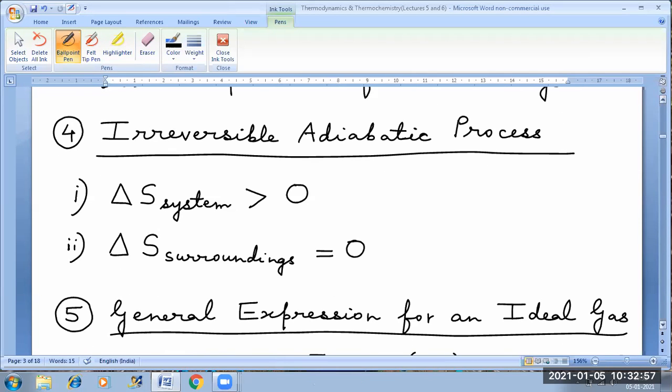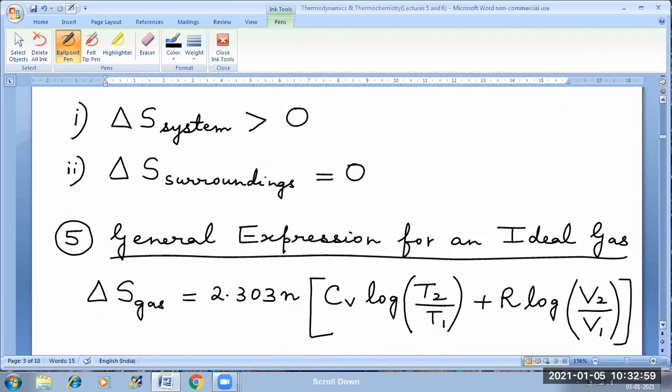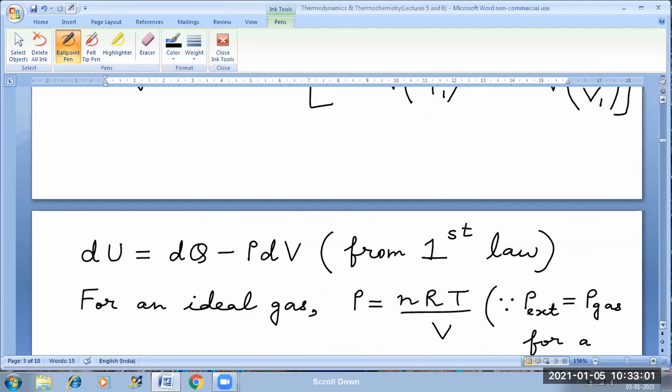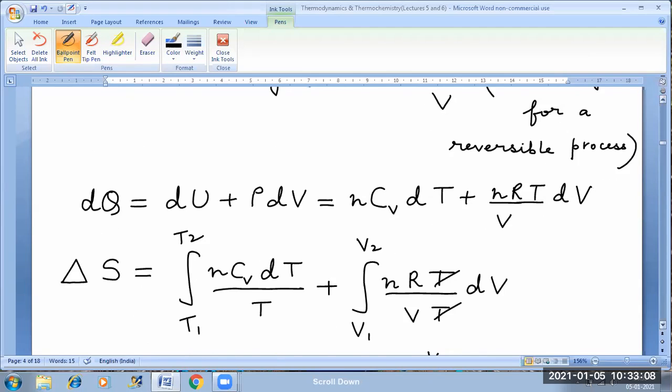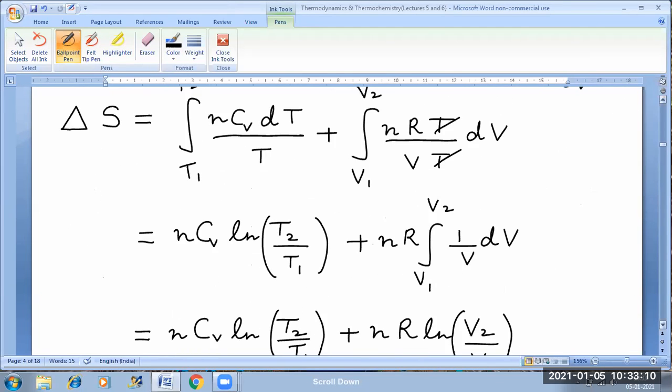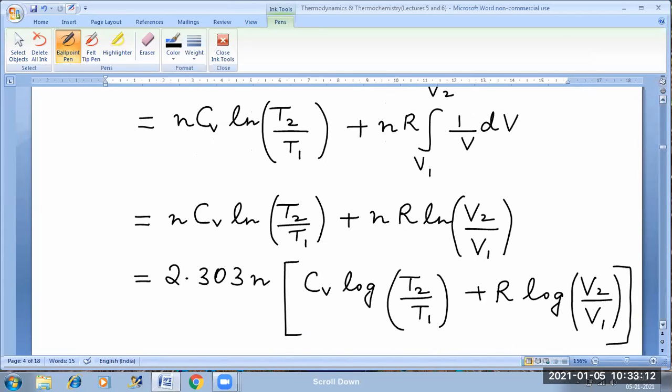And for a general expression of an ideal gas, this also we did today, the derivation, that is this one. Not isothermal, in general. In general, this is what you get. Why do we get this in general?